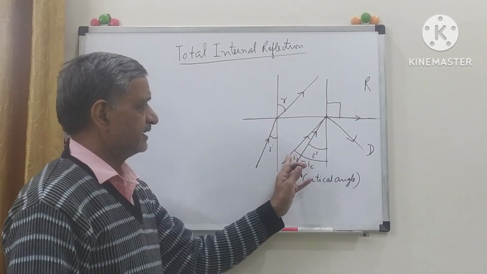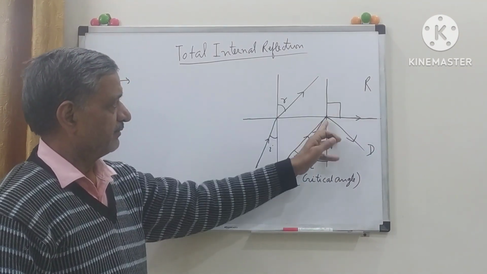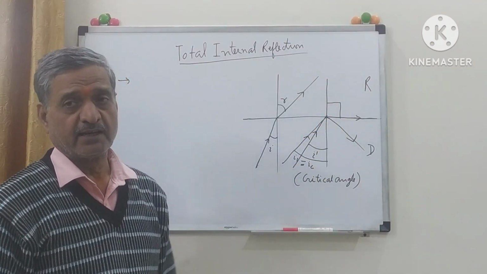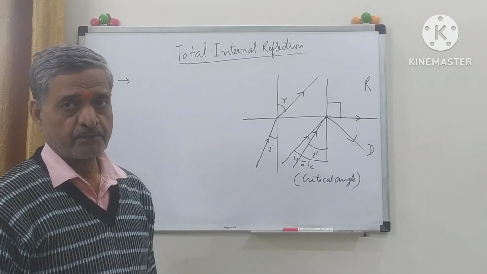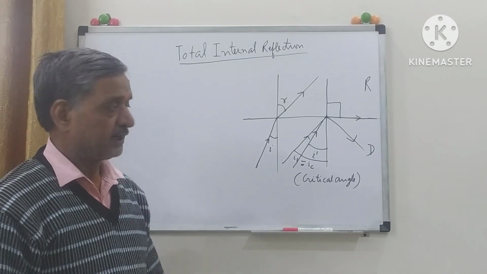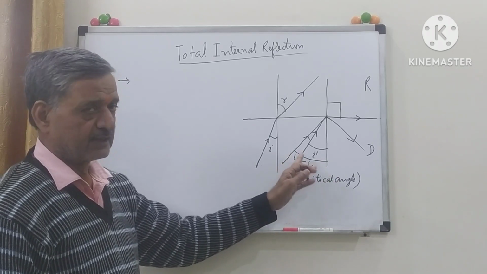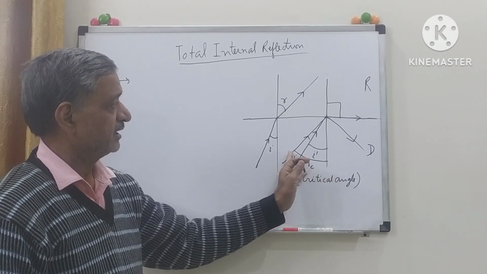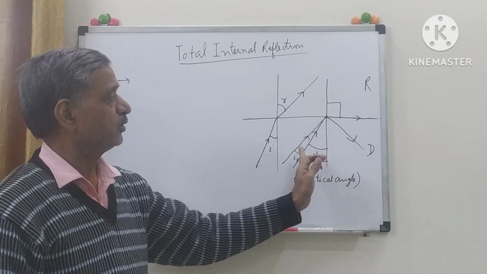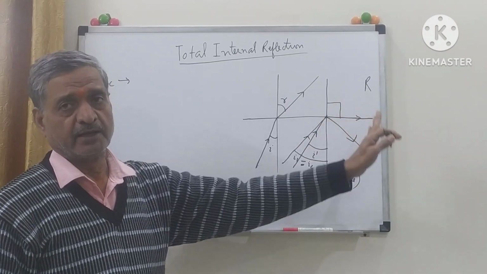The angle of incidence in denser medium when the angle of refraction in rarer medium is 90 degrees. Alright? And total internal reflection will take place when the angle of incidence in denser medium is more than the critical angle. Then no ray will pass into the rarer medium.